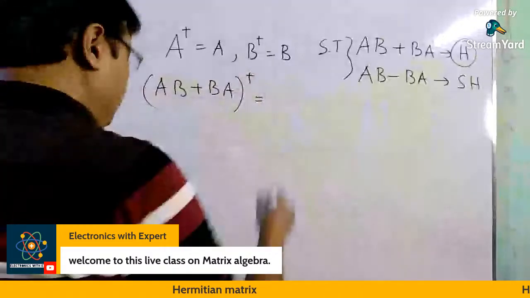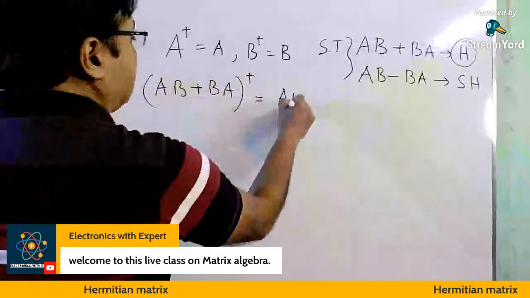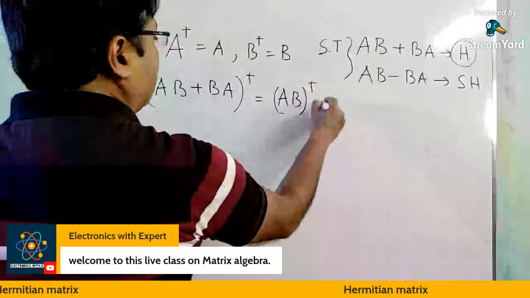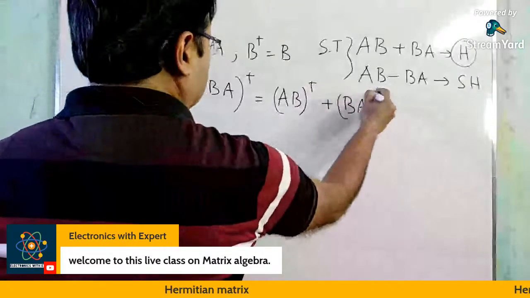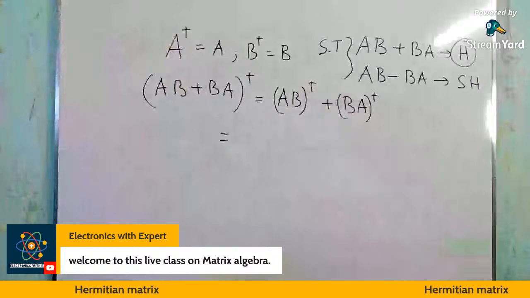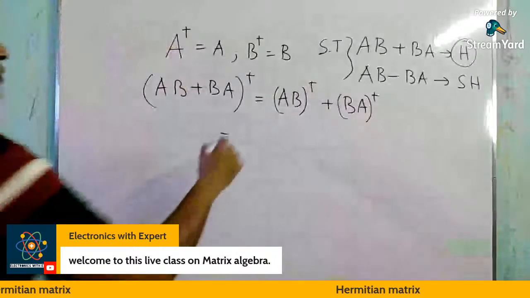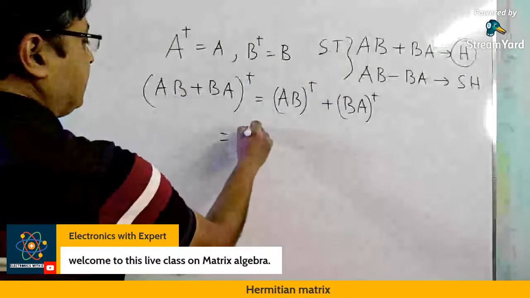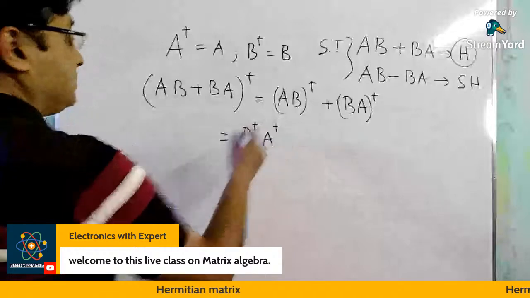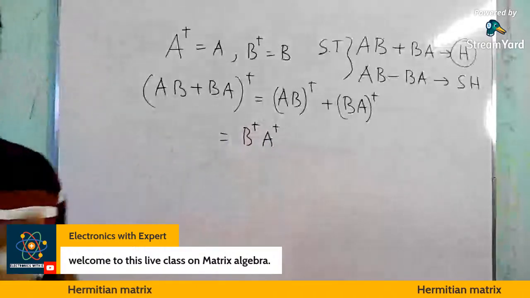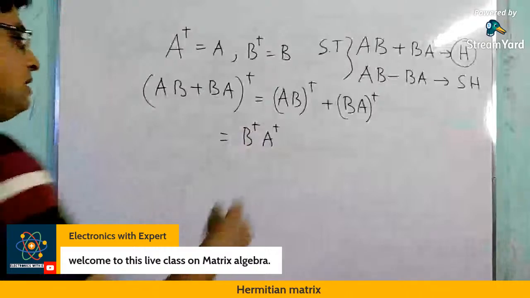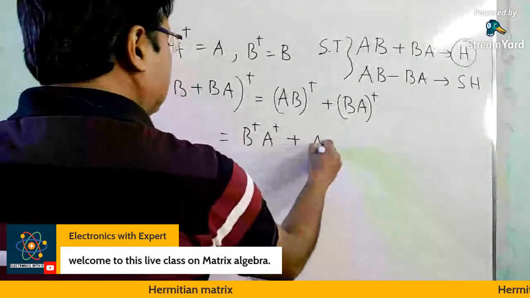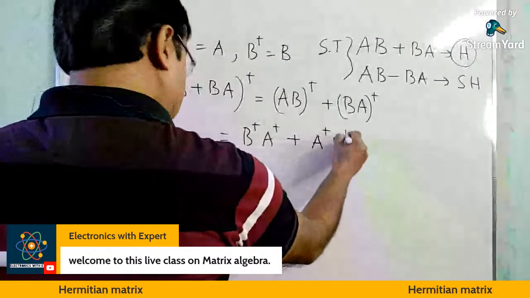It will be (AB) whole dagger plus (BA) whole dagger. Now (AB) whole dagger will be B dagger A dagger, because of the conjugate transpose. So it will be B dagger A dagger plus A dagger B dagger.